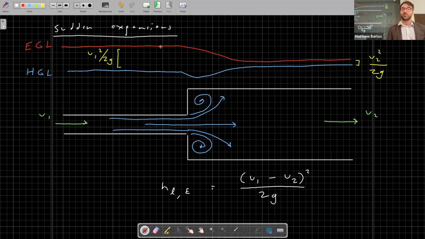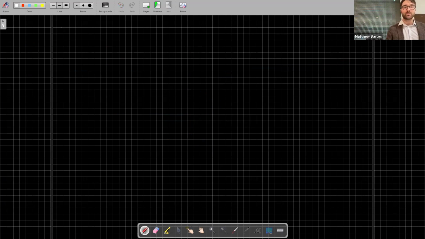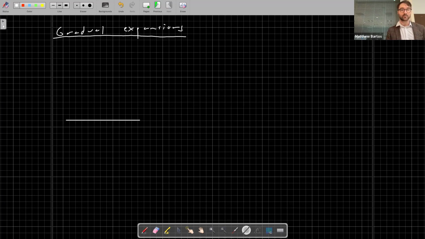All right, so just like with contractions, we can reduce these head losses by applying a gradual transition. So we might have gradual expansions, kind of the same idea as with gradual contractions. We'll have a smaller pipe transitioning into a larger pipe through something called a diffuser.